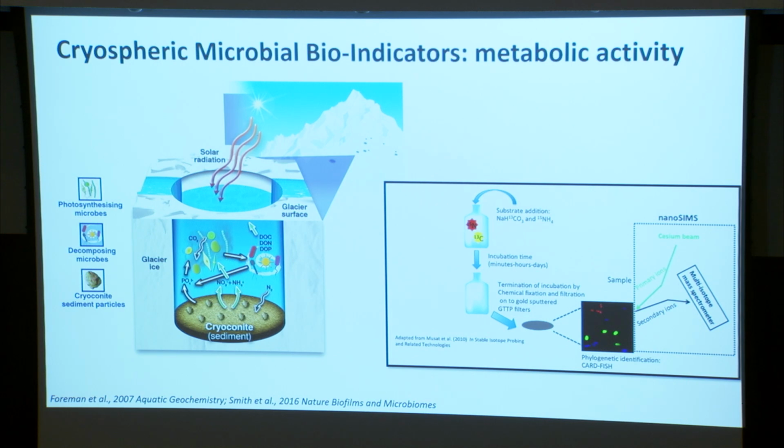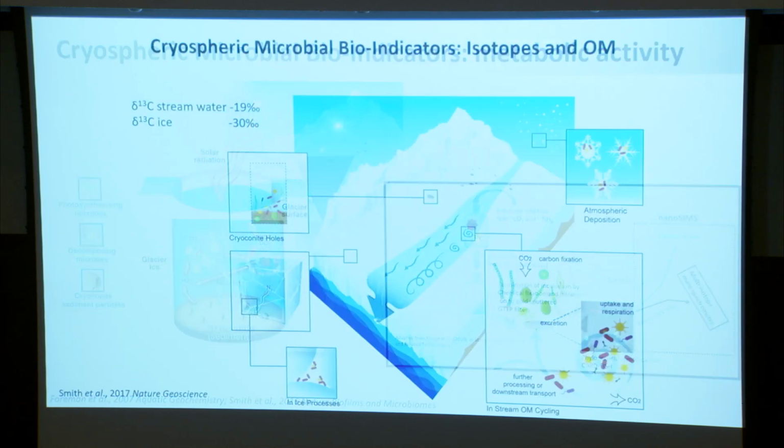What you get using HISH-NanoSIMS, halogen in situ hybridization and NanoSIMS, is the ability to discern the individual organism and what it is that they're taking up and what they're doing. Again, just starting to move further down that pathway of looking for these sparse cells.